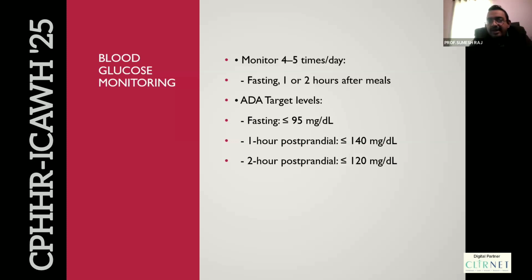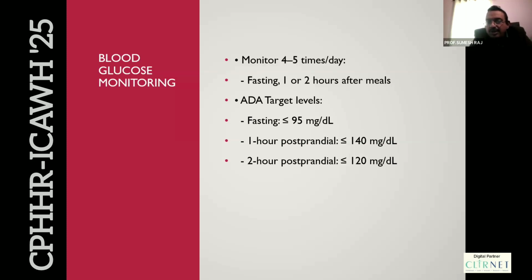And ADA has put forward some targets for gestational diabetes, which are different from the targets for other diabetes. The fasting target has to be much lower than for a diabetes patient. You have to strictly keep the fasting blood sugar value below 95 milligram percent for a gestational diabetes patient.